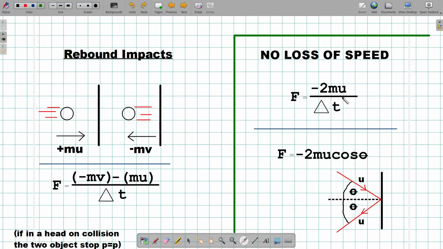So we can represent v as simply u. v is usually said to represent the final velocity, and u the initial velocity, and the final velocity in this case is the same as the initial velocity, so we just give it the value u. If this were minus mu, we can just say it's going to be minus 2mu, because it's like minus 1 becoming minus 2, over delta t.